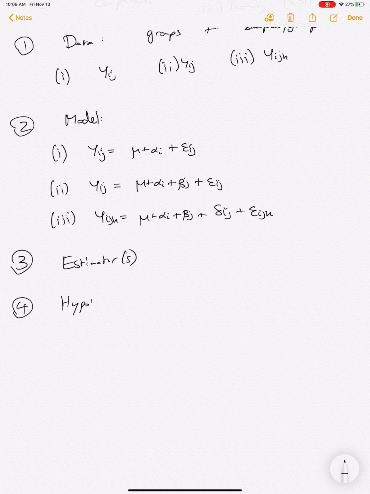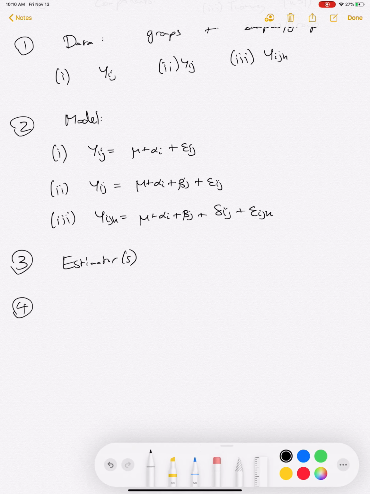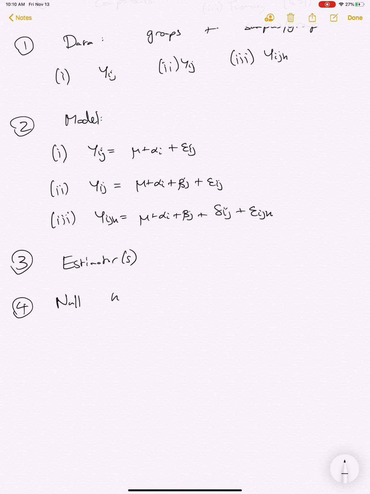The fourth component is the hypotheses, or I should say the null hypotheses. And again, for the first case, there's only one null that we're interested in.